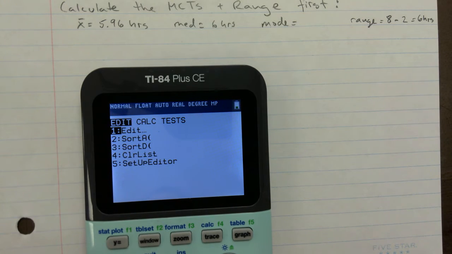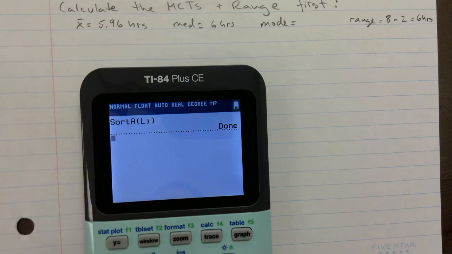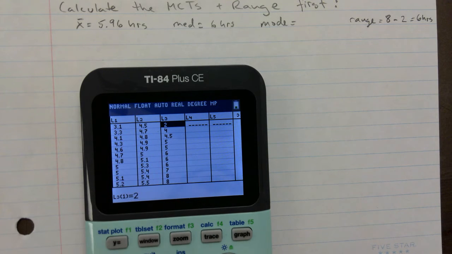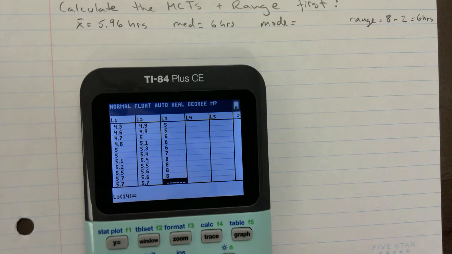For the mode, make sure you sort first. I would do that. Sort the third one, then go stat, edit, and look at the third column in this case. And I see 3 6s there. And 4 8s. 1, 2, 3, 4.